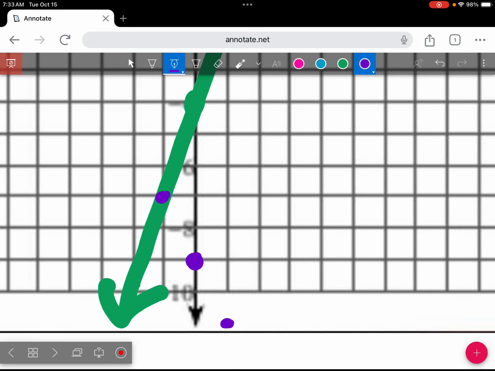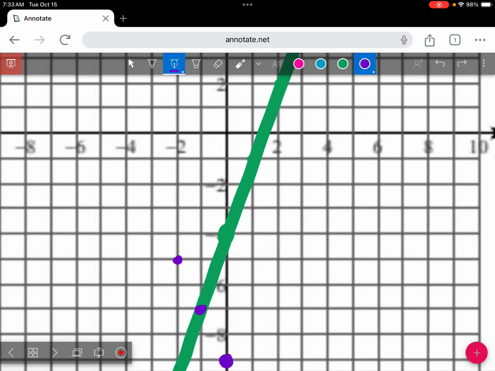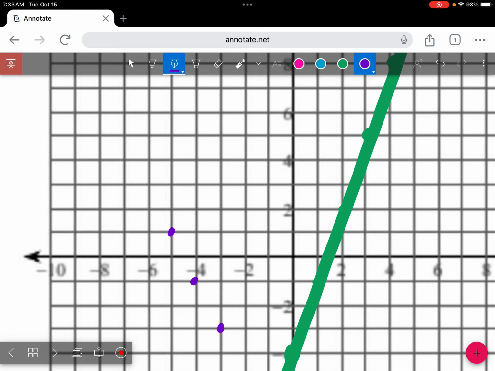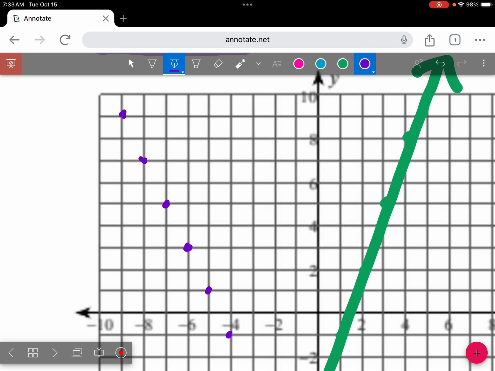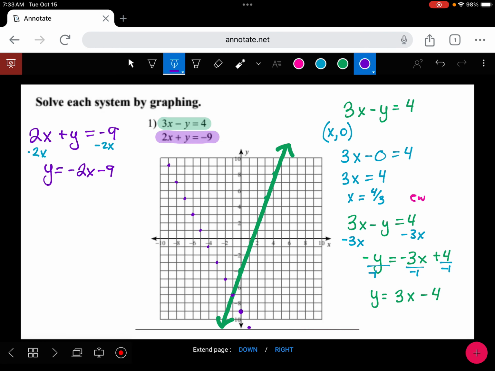That's still giving me that downward slope. It still looks like it's going downhill or down a slide. Connect up our points using our ruler, and it should look something like that.